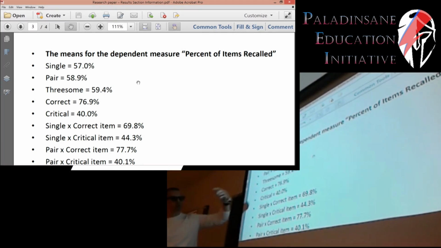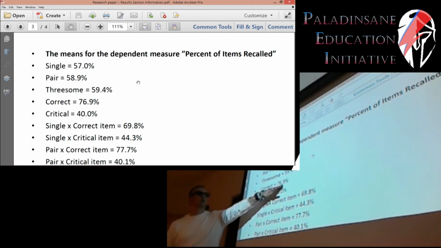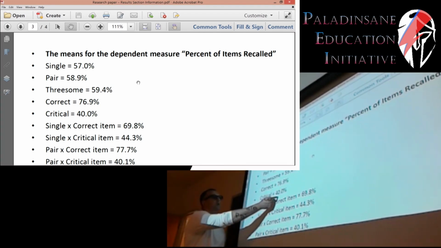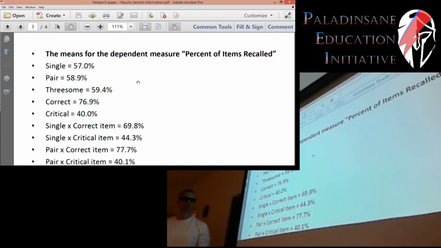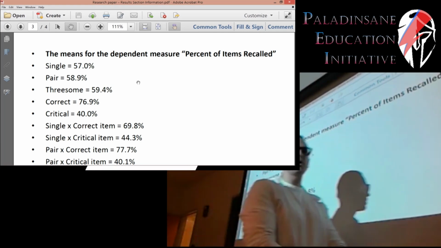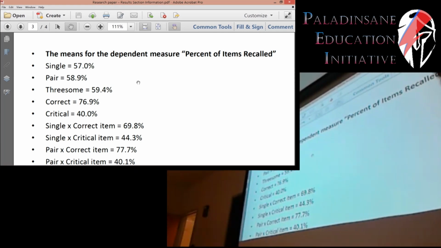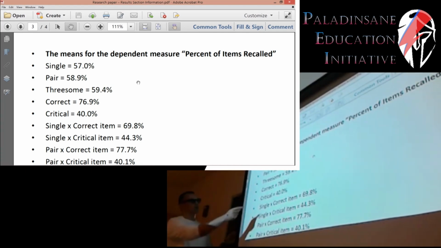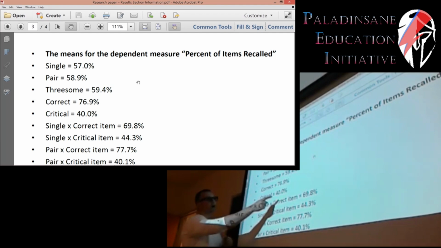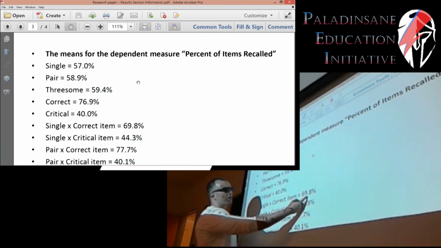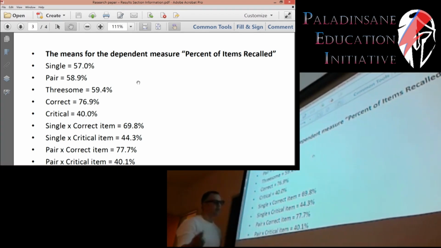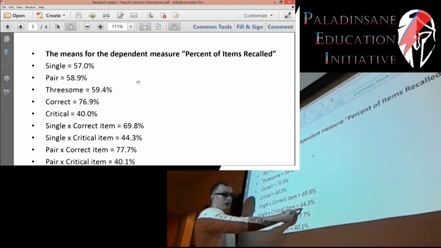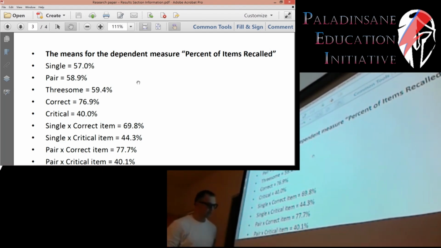For correct items, we just discussed this. Correct items were recalled at 76.9%. Critical items, or the false memories, were recalled at 40%. And then the last part of this indicates the combination of those two conditions. Singles recalled correct items at a rate of 69.8%. Singles recalled critical items, false items, at a rate of 44.3%.